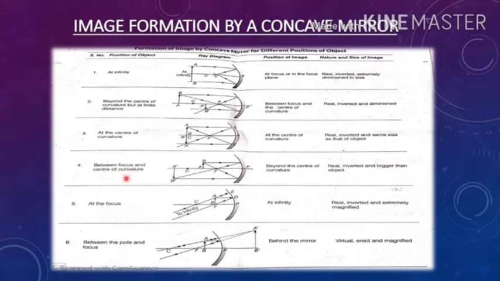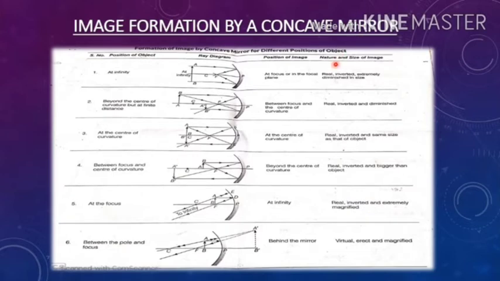And the fourth case is between focus and center of curvature. When an object is placed between the center of curvature and focus, then the position of the image is beyond the center of curvature. It means AB is the object, and A dash B dash is the image, which lies behind the center of curvature.